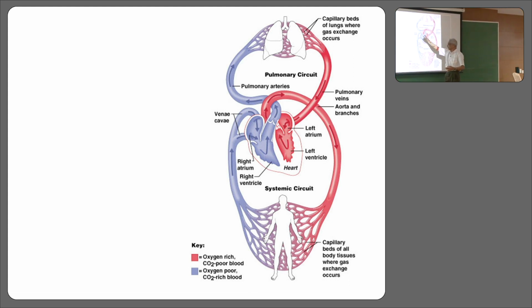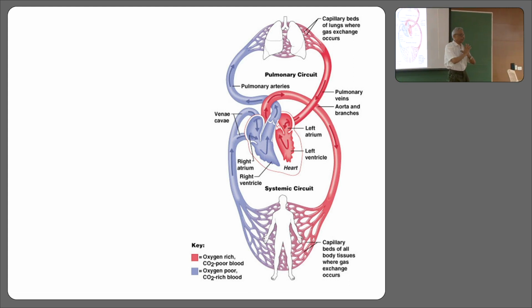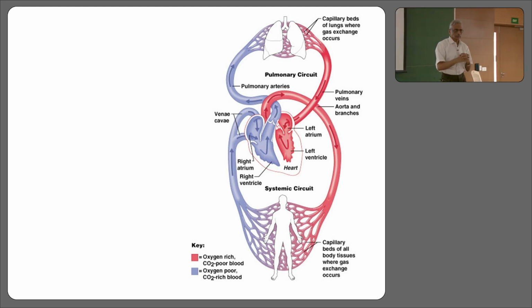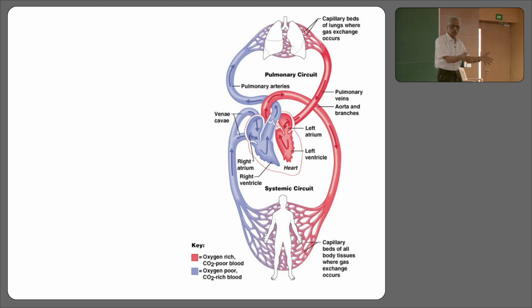If you are on the right side, you receive it from the rest of the body. And the blood that is coming is already at 2 or 3 mmHg. So what should be the pressure around you? Still low. So the pressure in the auricles is always extremely low.